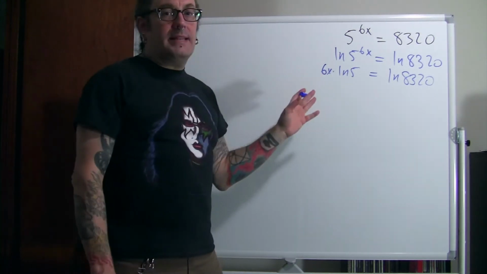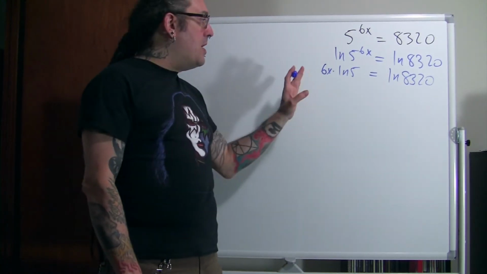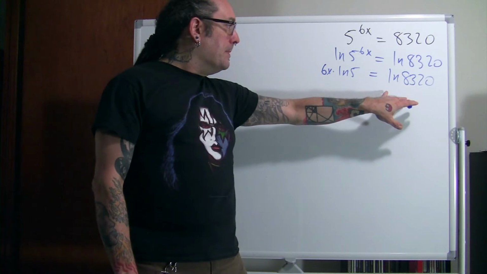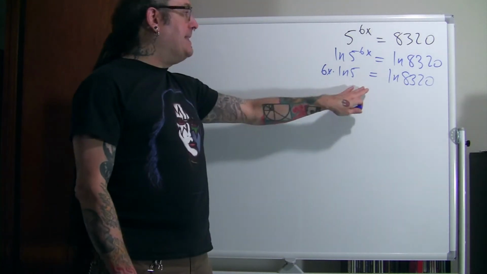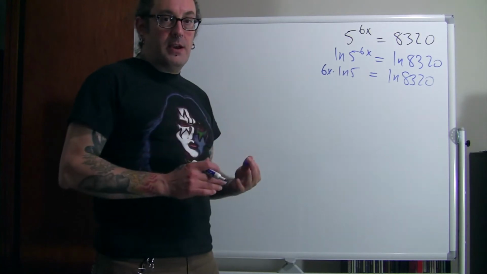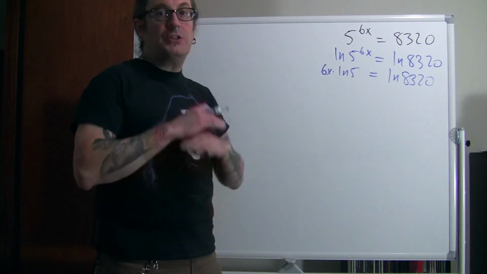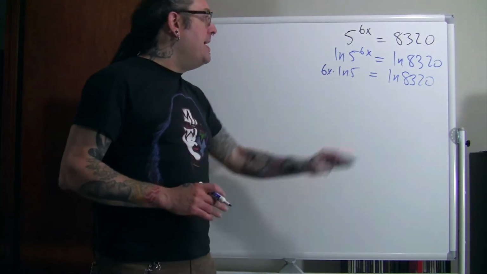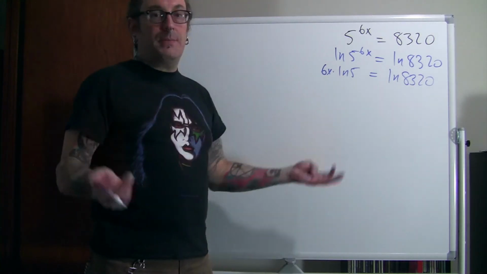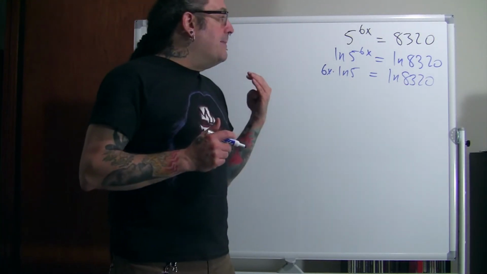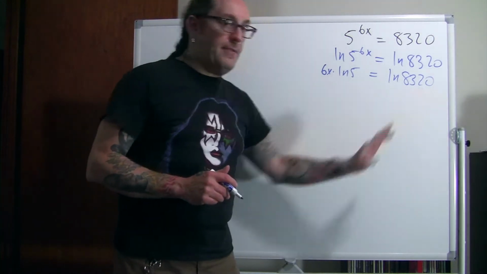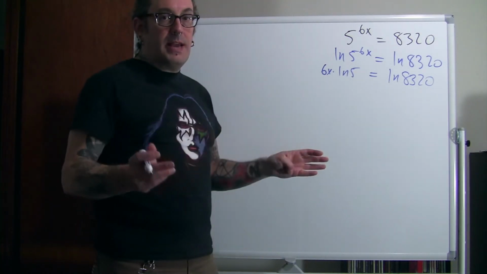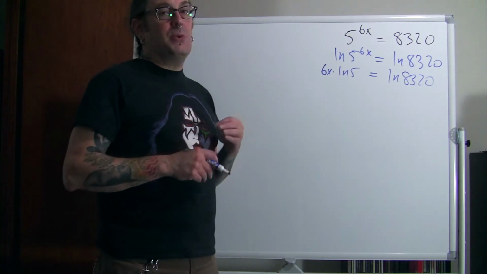When I do problems like this, I tend to leave terms like ln 8320 and ln 5 just like that. As I'm solving, I keep in mind that ln 5 is just some number, so I could divide by it. ln of 8320 is just some number too, and I'm aiming to get x equals whatever so that I can just put it in the calculator and not be subject to any rounding errors.